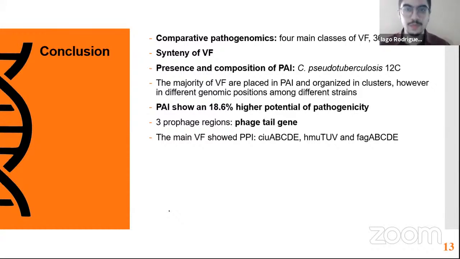And concerning the search for prophage elements, which are normally found to be related with pathogenicity, we could find 3 prophage regions, highlighting the presence of a protein with high similarity to phage tail genes, which is related to bacterial attachment to the host after the process of infection.